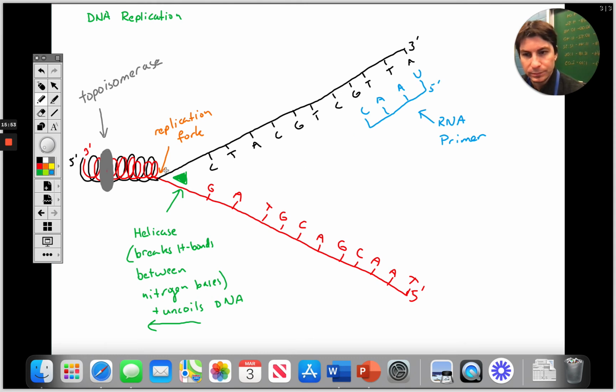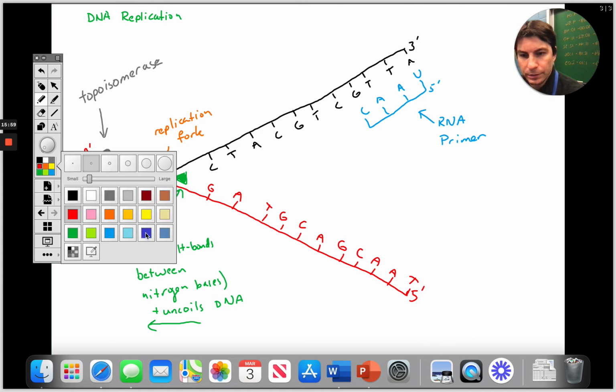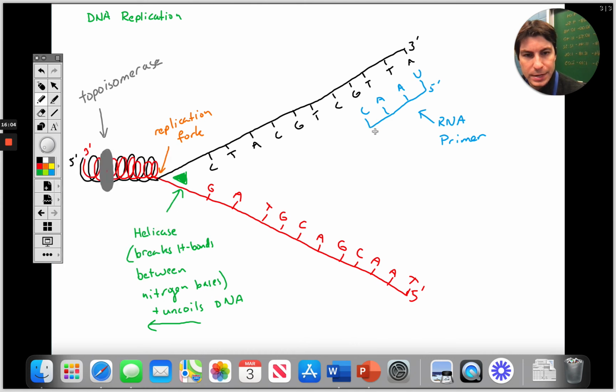Okay? After this, we are going to get another character on here. Let me get a different color here. And right here, we're going to have this guy become attached. And his name is DNA Polymerase.